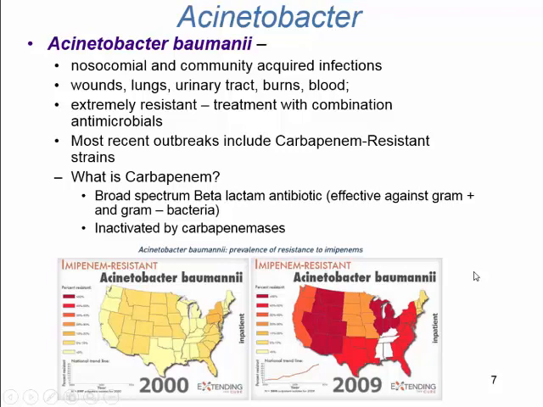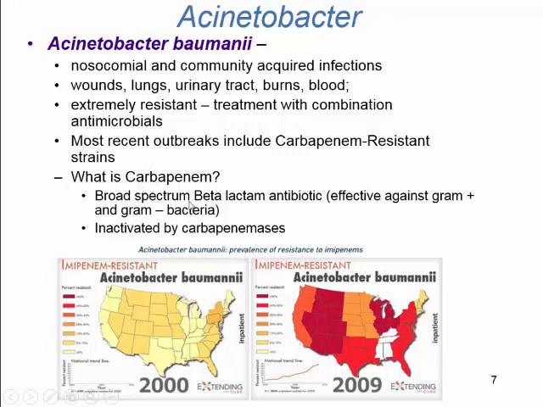Acinetobacter baumannii causes pretty severe nosocomial infections. It happens in wounds, urinary tracts, burns, and blood. It is extremely resistant to most antimicrobials and often has to be treated with a combination of them to be completely eradicated. The most recent form is carbapenem resistant.